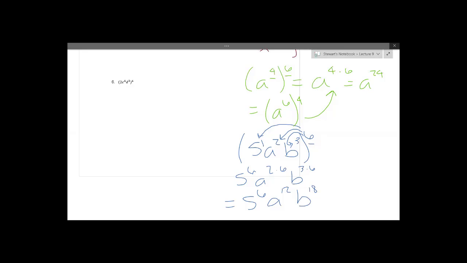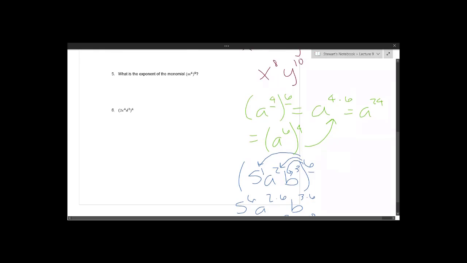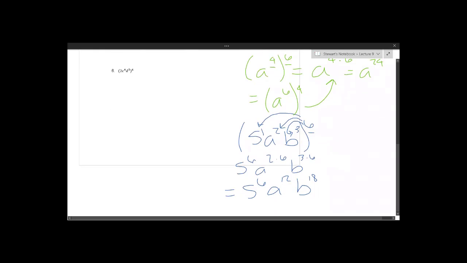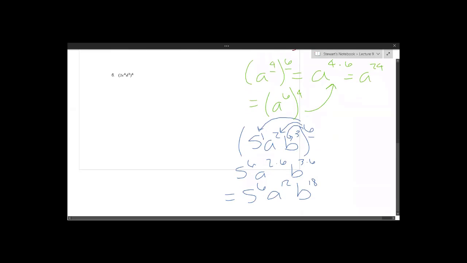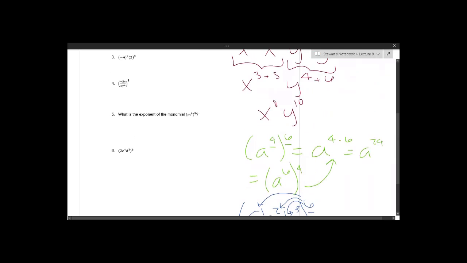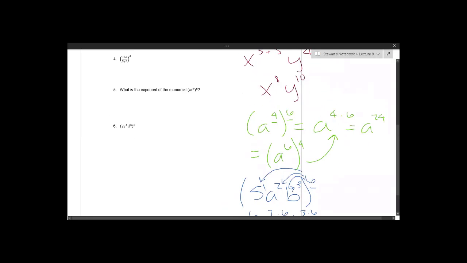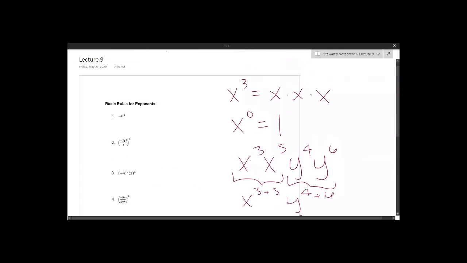You'll see 3 more examples, but that's how you'd carry out having a whole monomial expression raised to a power. That's why we did monomials first, because you can have monomials raised to an exponent power, and you deal with that by multiplying the exponent to all of the other exponents, including the coefficient.